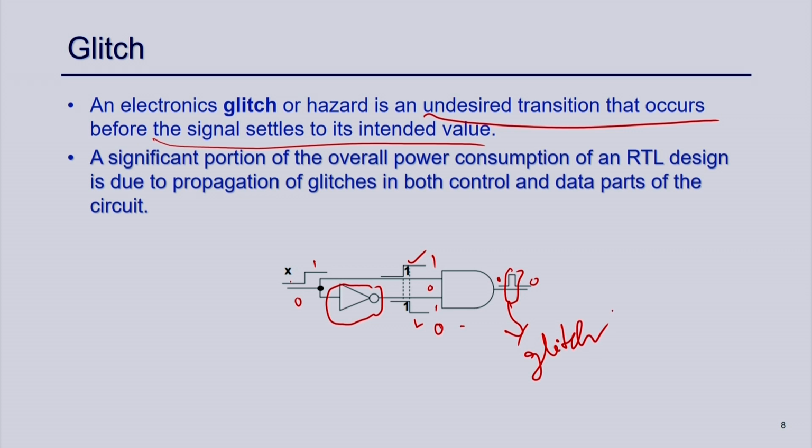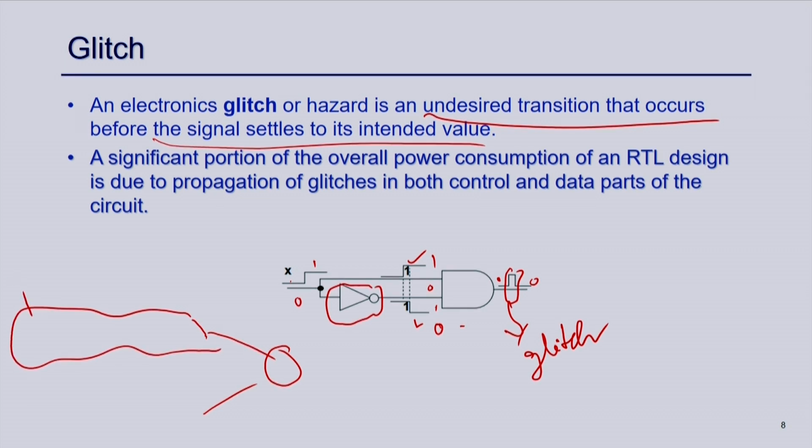This is just a very simple example to illustrate what a glitch is, but why does it happen? If you think about a circuit, it has multiple inputs, and one may have a very long combinational delay, right. So, this is coming from registers through a very long combinational delay, and this is very short, right.